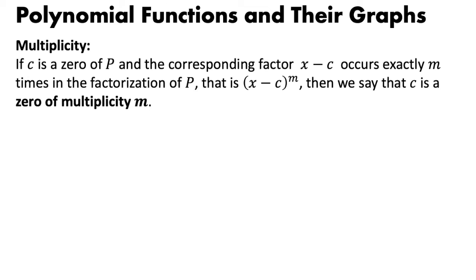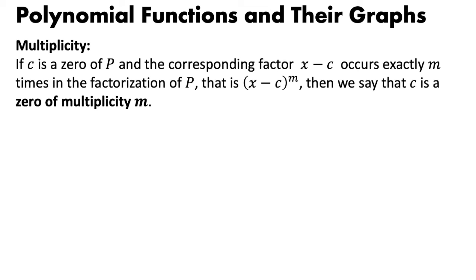What is multiplicity? If c is a 0 of p and the corresponding factor x minus c occurs exactly m times in the factorization of p, that is, x minus c to the m, then we say that c is a 0 of multiplicity m. Why is this important to us?